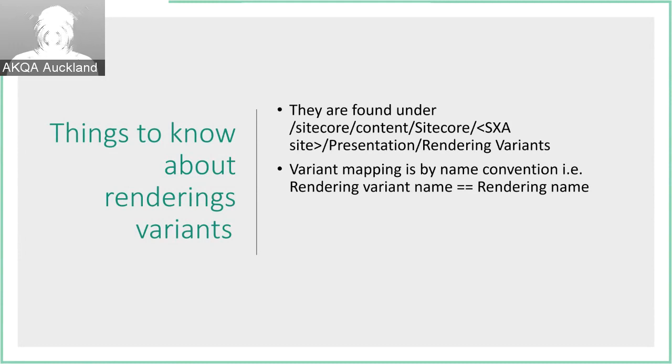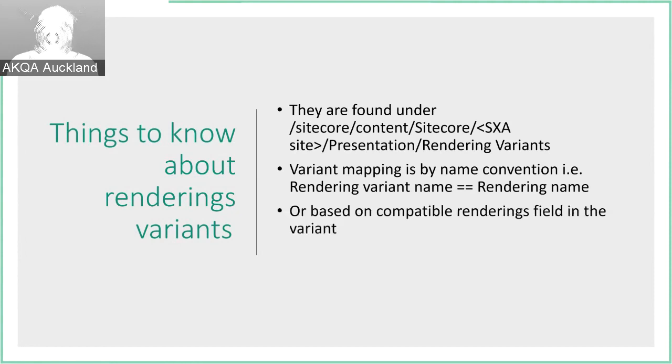But it's not just that. From the rendering variant, we can map to another rendering if we want, using the compatible renderings field. This field is available in the rendering variant. A particular rendering variant might serve two renderings, and not just two, it can serve more renderings as well. And there is this rules-based enablement.